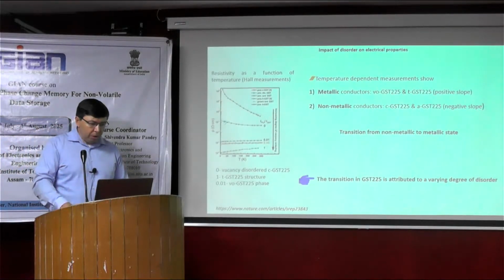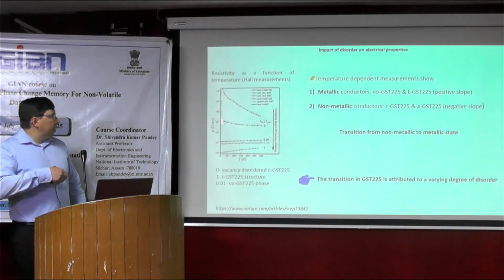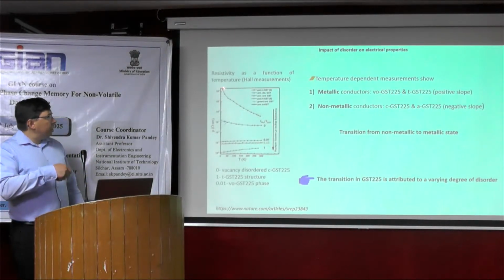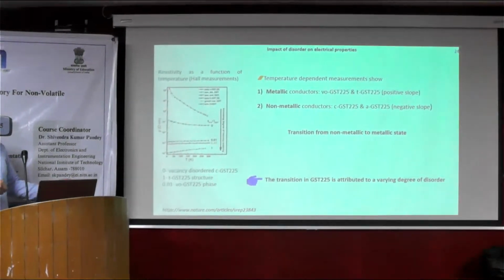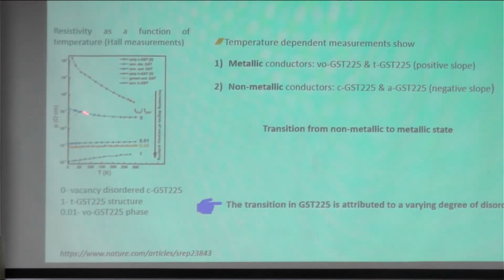What was found here is the resistivity against temperature, measured from 0 Kelvin up to room temperature. We can see that the amorphous material and the cubic phase, which are both relevant for phase change memory, showed non-metallic behavior. Here the slope is negative, here you see it is negative, and here it's also a little bit negative.